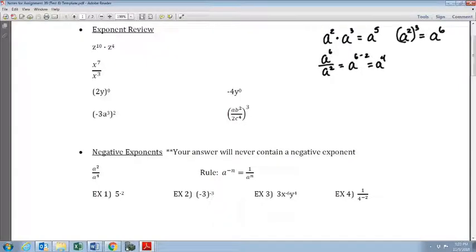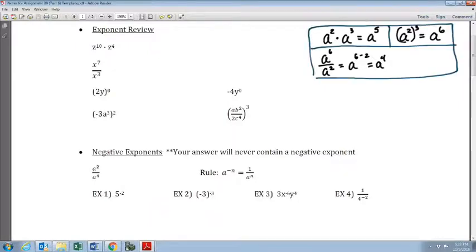We also talked about a couple of others that I'll mention in a minute, but let's go ahead and start using these. So on the first problem here, you're just adding the exponents. You get z to the 14th. X to the 7th over x cubed, you're going to use the quotient rule and subtract the exponents. You get x to the 4th. Now I didn't mention this, but I wanted to remind you that anything to the 0 power is 1 and not 0.